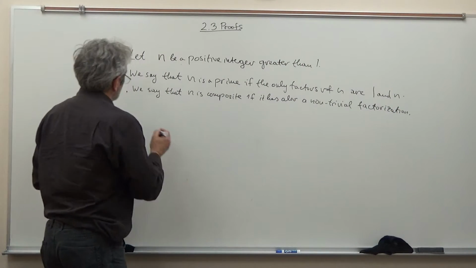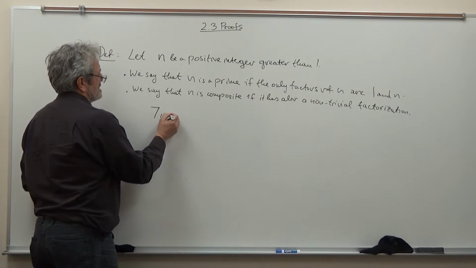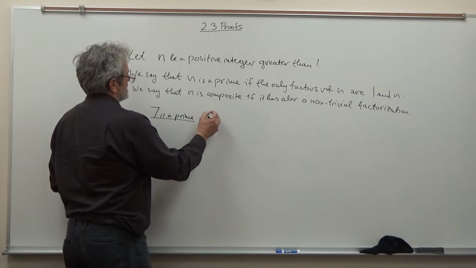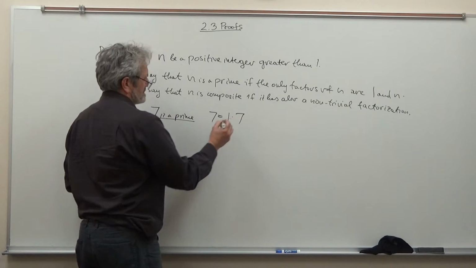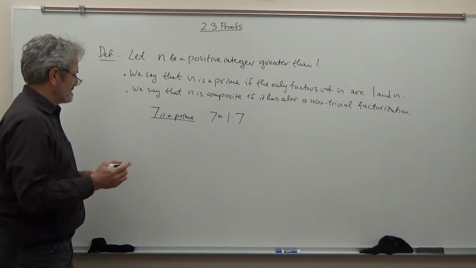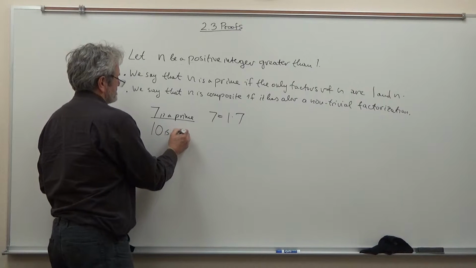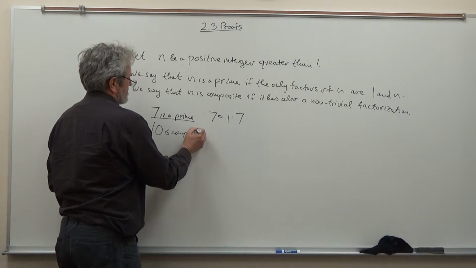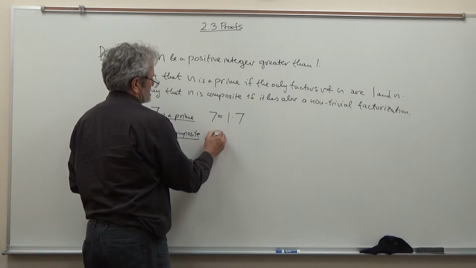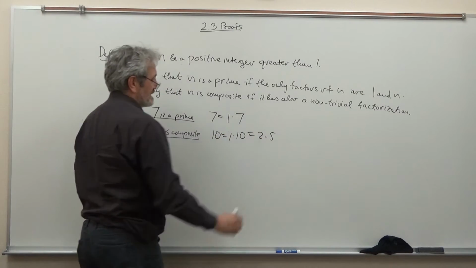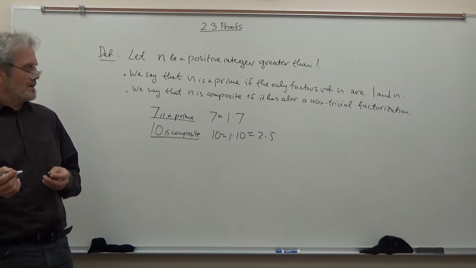So for example, 7 is a prime. Why? Because the only factorization of 7 is 1 times 7. But for example, 10 is composite. Because 10 equals 1 times 10, but besides the trivial one, it also has, let's say, 2 times 5.